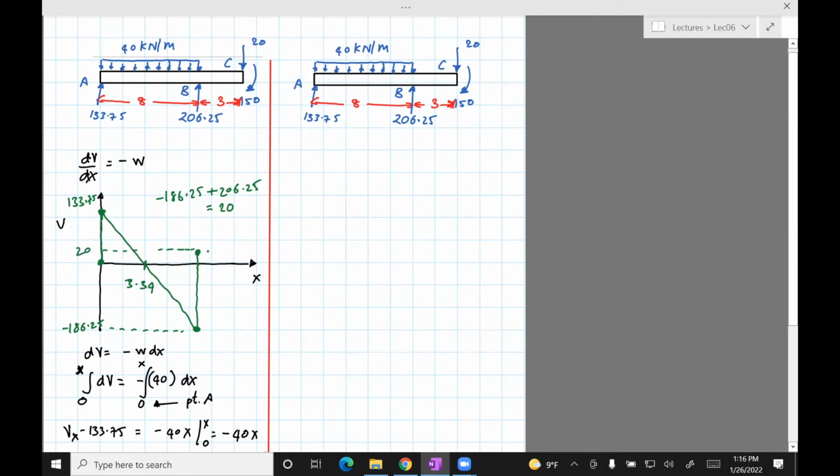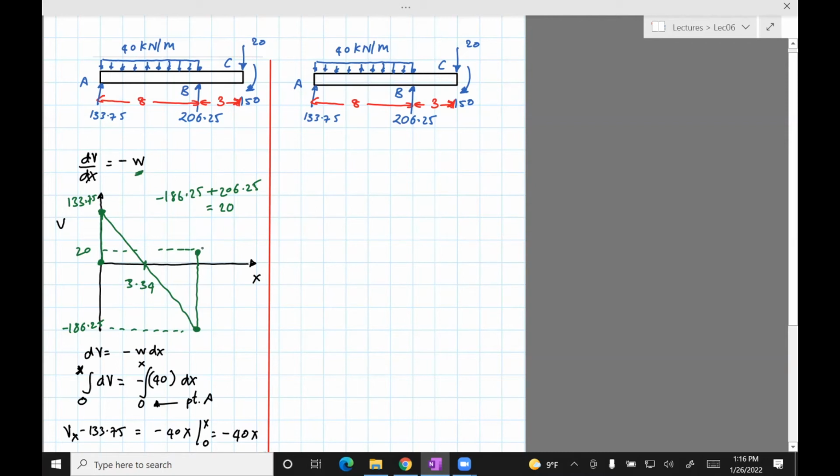And then as you go from B to C, you see there is no point load, nor is there any distributed load. And when that happens, the shear force V has to be constant, right? Because if you put W equals 0, dV dx is 0, V is constant.